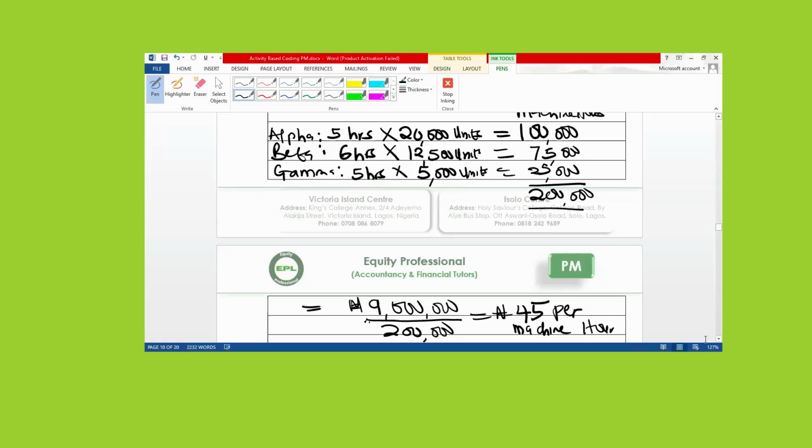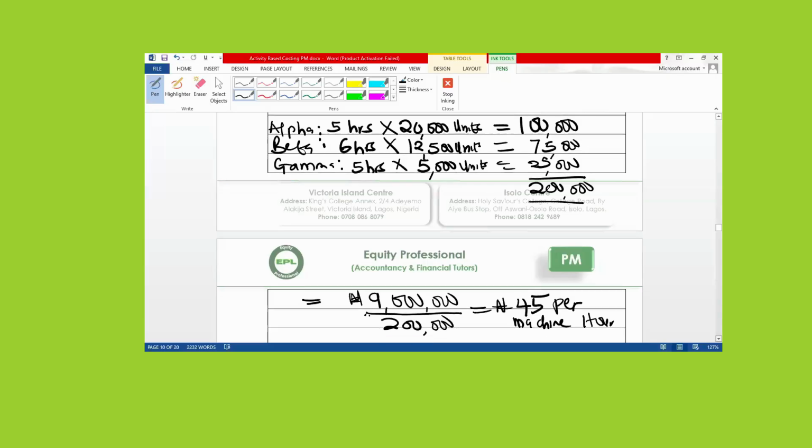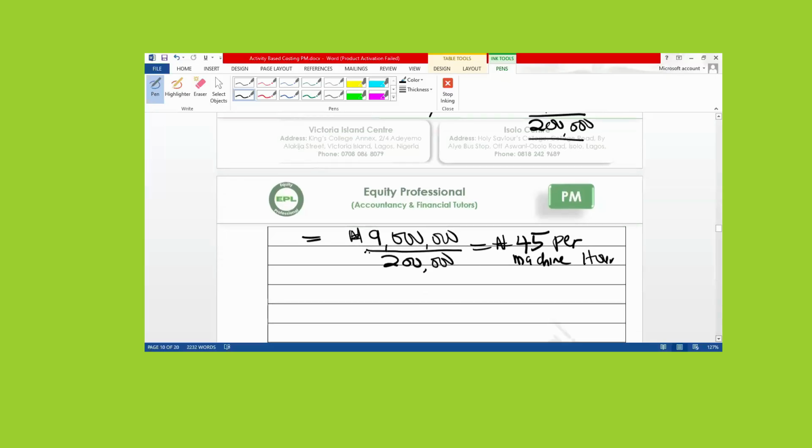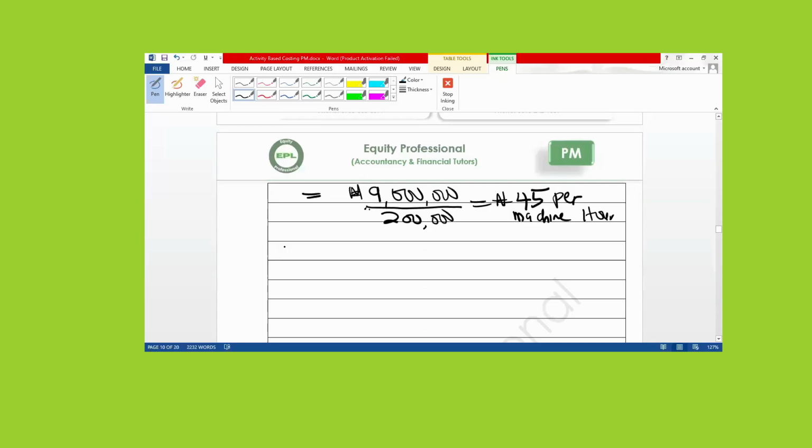Now go to allocation. Allocate machine overhead cost to the various products. We have alpha: total machine hours 100,000 multiplied by 45 naira per machine hour.